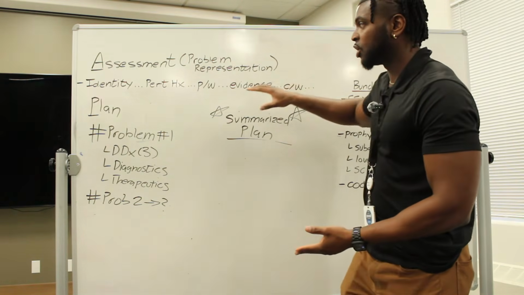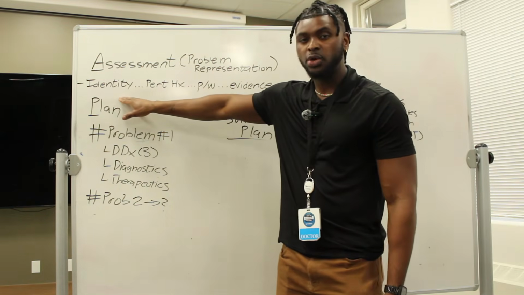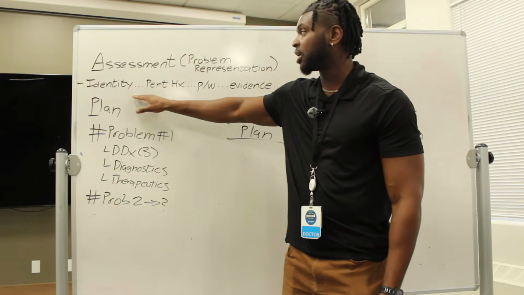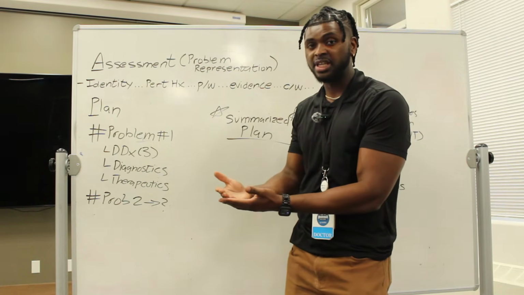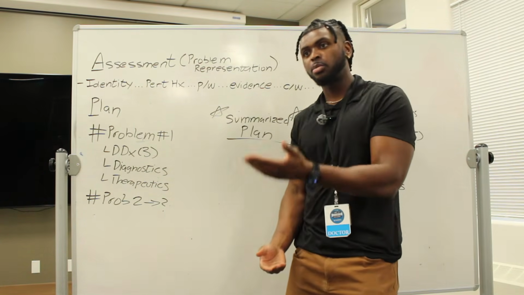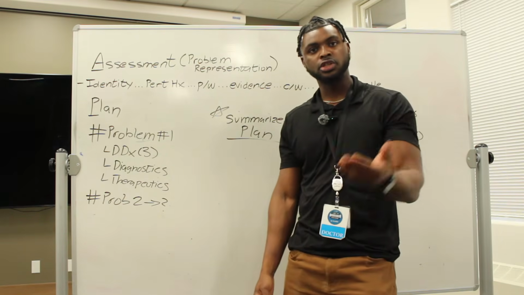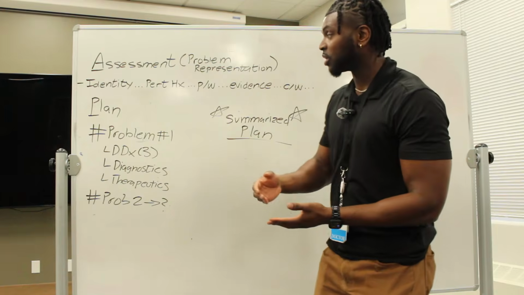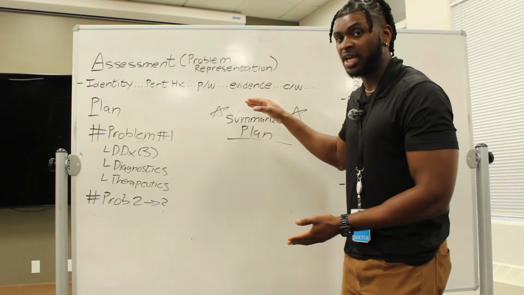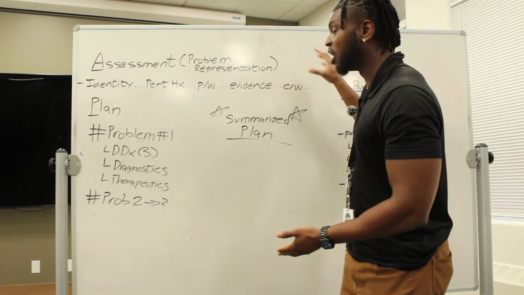If someone comes in, you want to say, this is Mr. So-and-so, he's a 48-year-old male with a history. Say their pertinent history. Don't say every single medical history that they have. Don't say GERD, COPD, and diabetes, and osteoarthritis, and back pain. Just say the pertinent history that could be related to their chief complaints and their overall diagnosis.